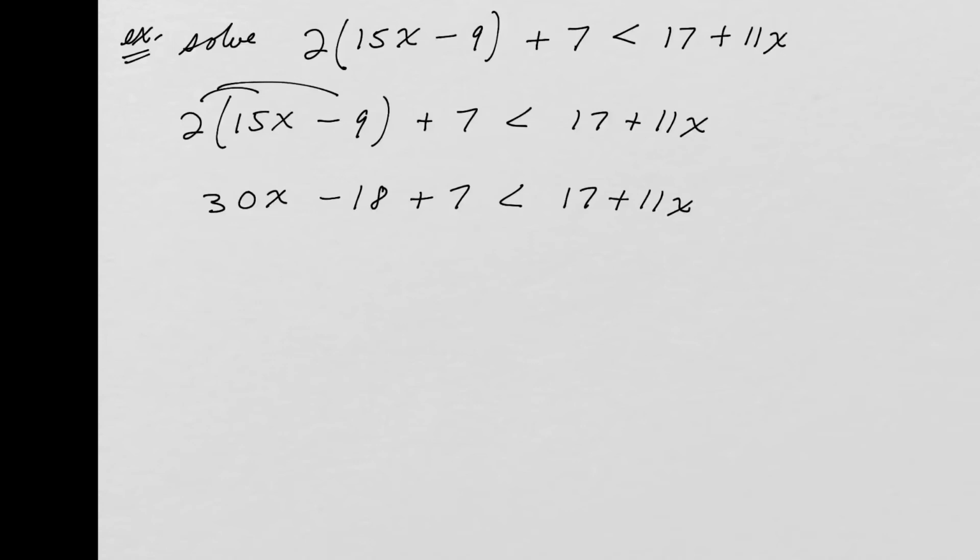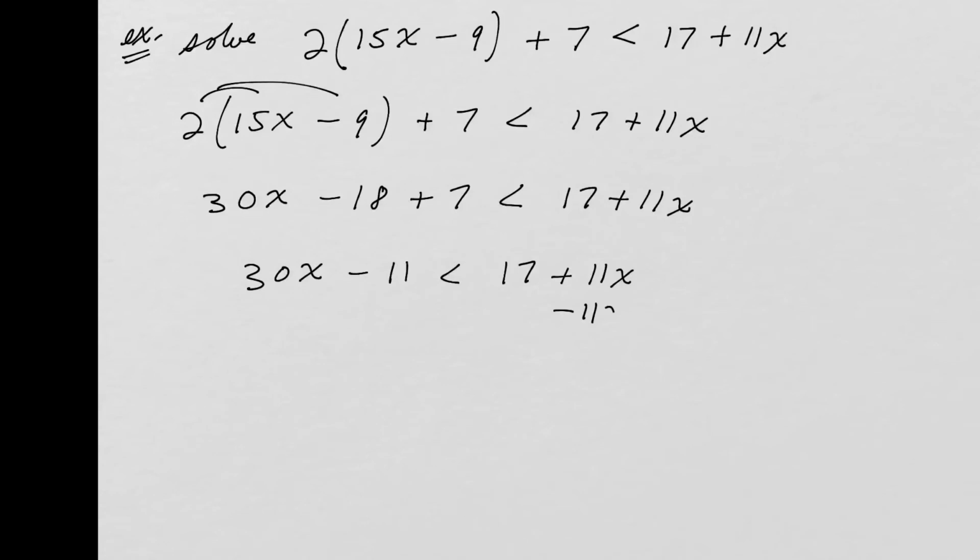Then what would I normally do? I would combine like terms, so negative 18 plus 7 is negative 11. Then I would try to get the x's on one side of the equation. So let me bring the x's to the left-hand side.